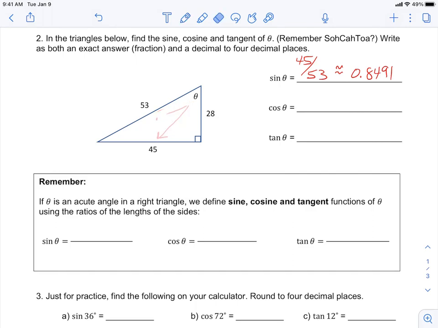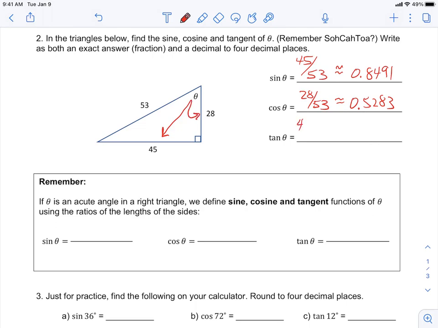Cosine, by definition, is adjacent leg over hypotenuse, which would be 28 over 53. So if you take 28 divided by 53, that's approximately 0.5283. And if you calculate tangent using the acronym, tangent is opposite leg over adjacent leg.